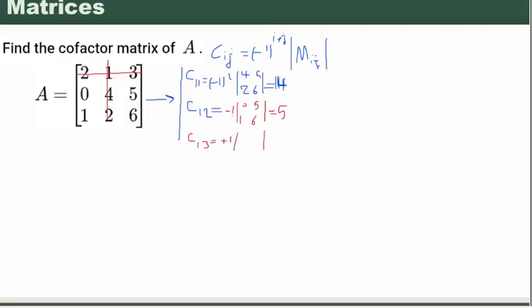And times the determinant of a matrix that's obtained by deleting first row, third column, which is 0, 4, 1, 2. So I have to say 2 times 0, 0 minus 1 times 4 would be negative 4, negative 4 times 1 gives me negative 4.